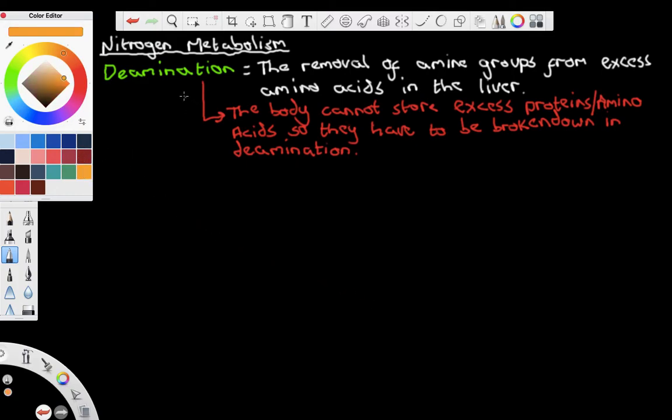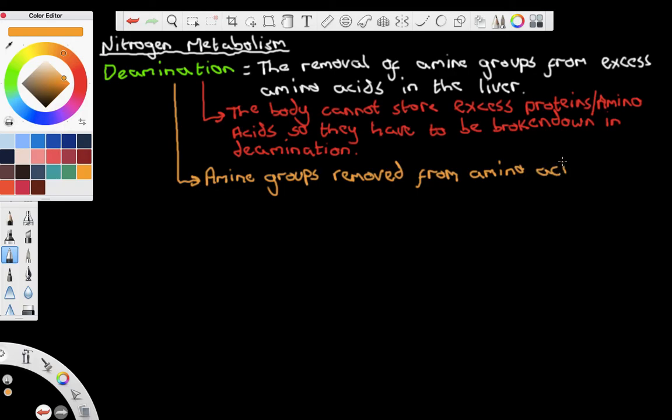So we can put underneath here again that amine groups removed from amino acids form ammonia.